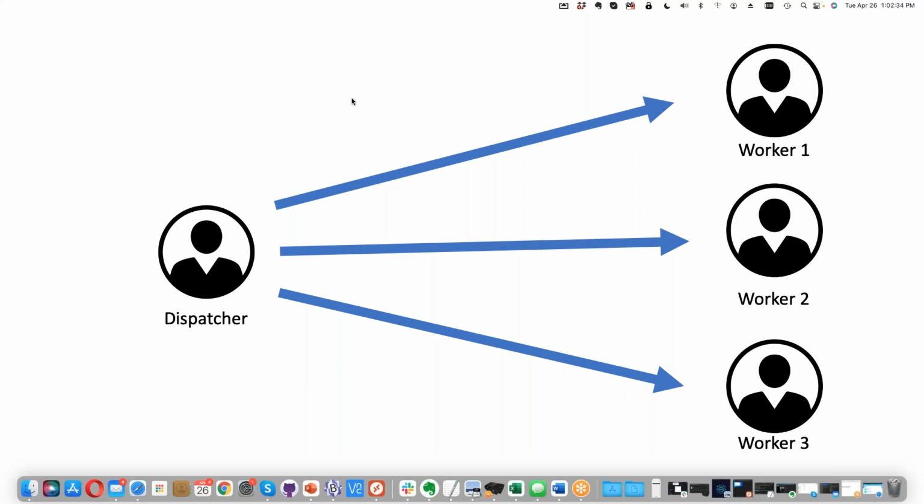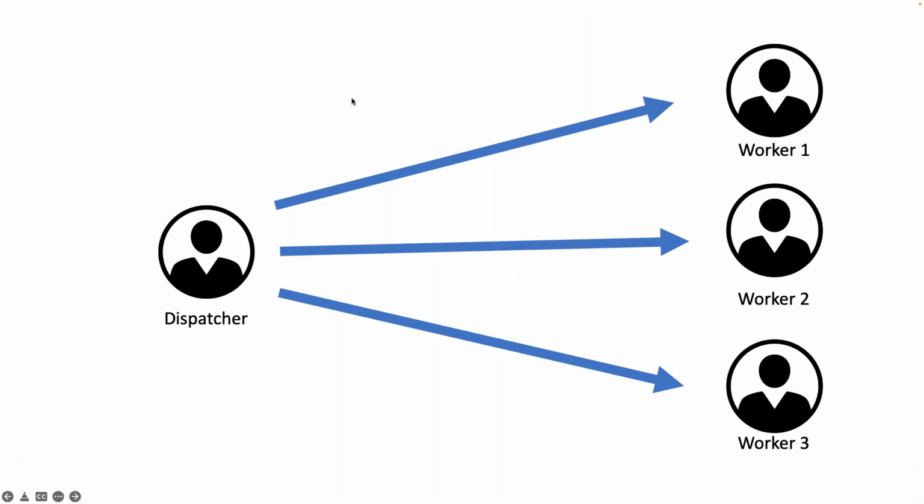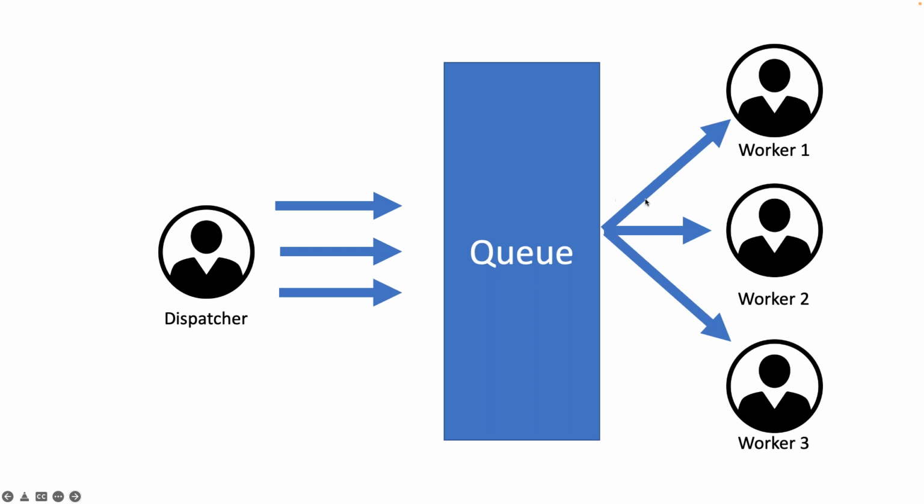But there is an easier and better way to do that in Transform, and that is using queues. So with a queue situation, the dispatcher doesn't assign a form to a particular person. Instead, it assigns it to a queue. And you can have multiple different queues. So let's say we had one called the inspection queue.